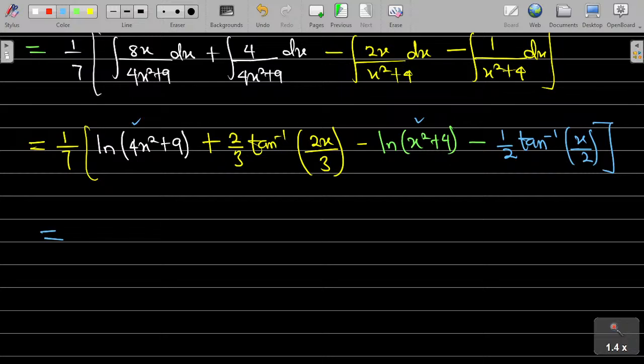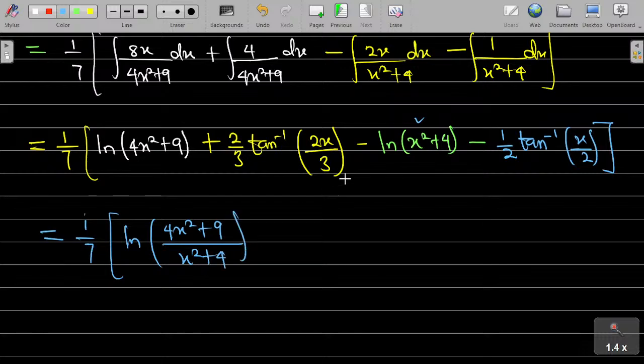Log minus log will give you log of 4x squared plus 9 all over x squared plus 4. Because of space, we can push it to 1 over 7 in bracket of ln of 4x squared plus 9 all over x squared plus 4, because subtraction changes to division in logarithm, and then you can bring down the rest the way they are.